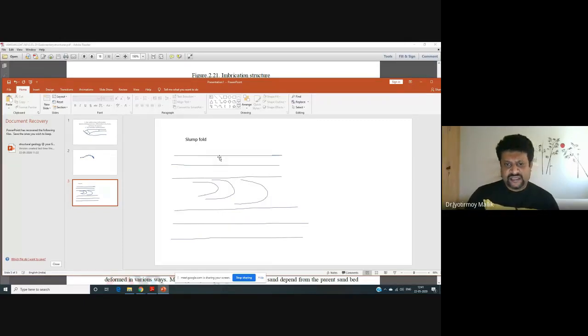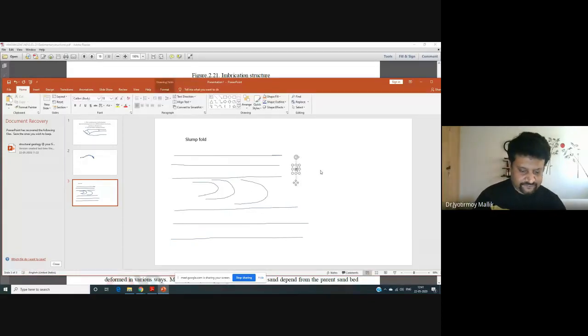And if you have noticed carefully, you should have observed that the underlying and the overlying beds are completely undeformed. But all of a sudden, there are some layers which are folded. Okay? So this is a typical signature of any contemporaneous deformation, that it is not penetrative.